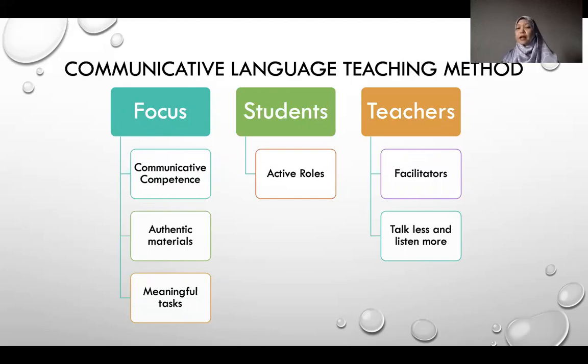And the teaching stresses on the use of authentic materials and meaningful tasks. So students are required to conduct activities or do tasks which are meaningful to them. Students play an active role in class while teachers are just facilitators and teachers talk less but listen more. So students are the ones to do activities in class, either through group work or individually.